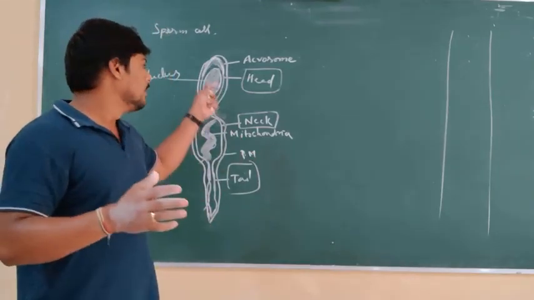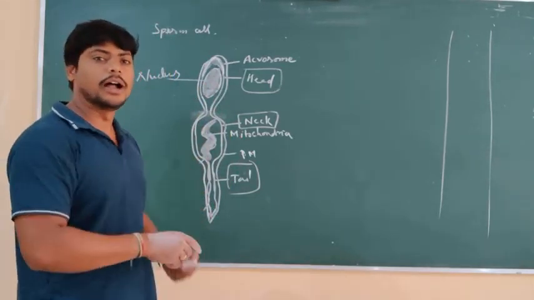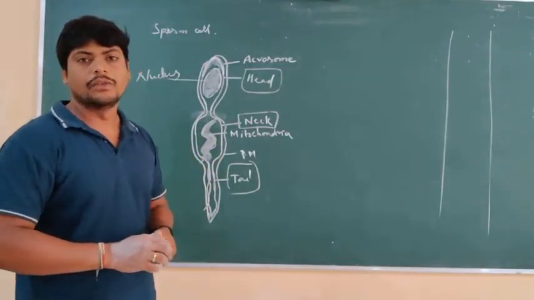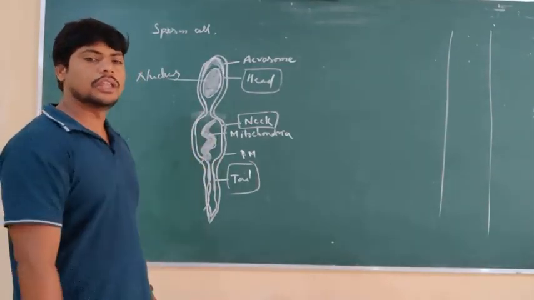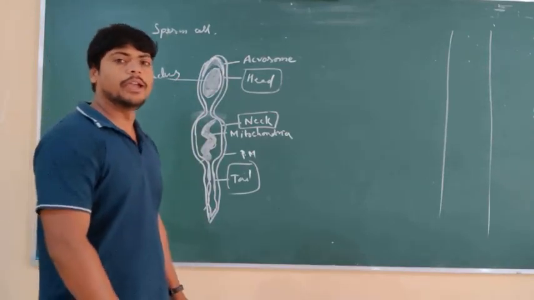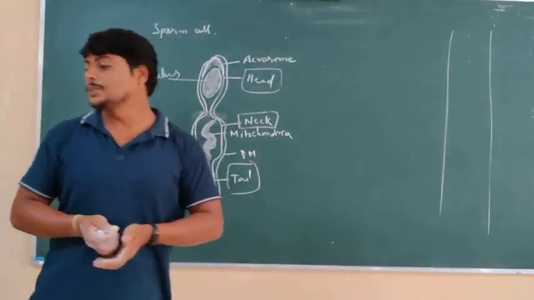That entire process occurs in the female body. So the male cells are motile in nature, which can swim and reach the ovum to deposit the nucleus into the female ovum. This is the small concept about the structure of the sperm cell.